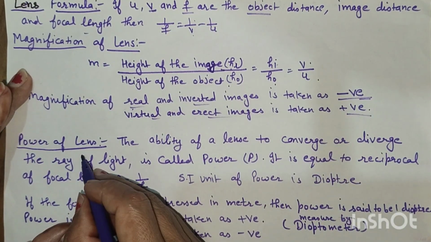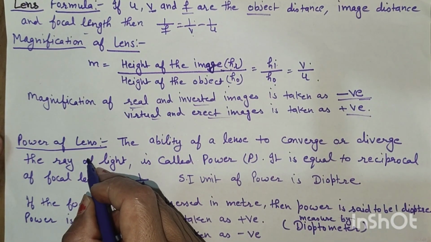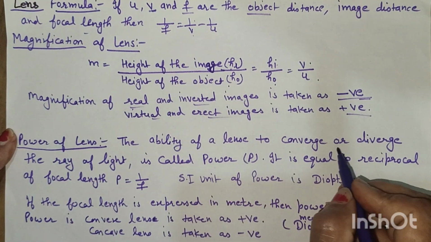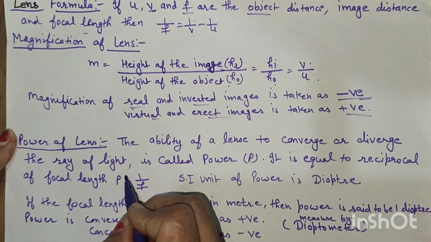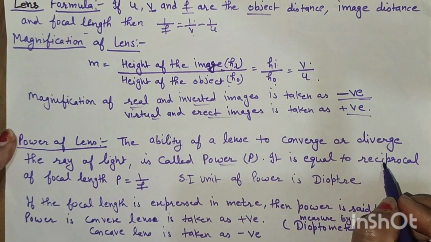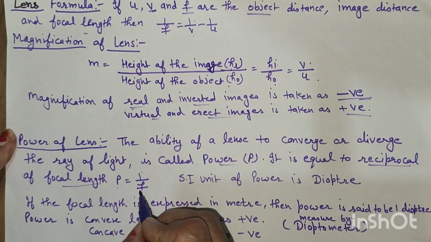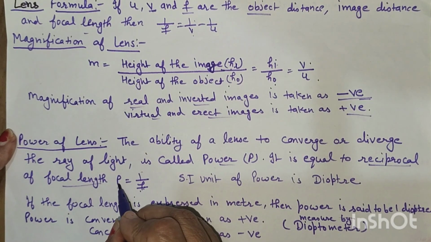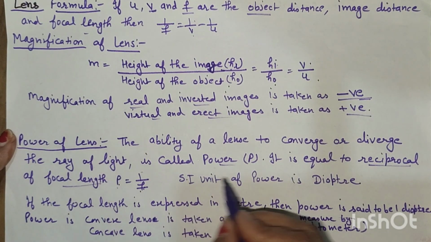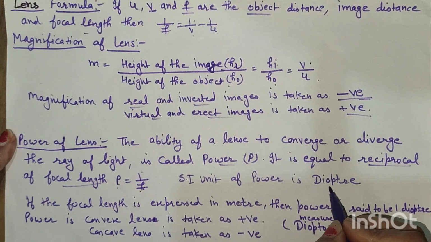Now what is the power of the lens? The ability of the lens to converge or diverge rays of light is called power, and it is equal to the reciprocal of focal length. P is equal to 1 by f. Its SI unit is diopter.